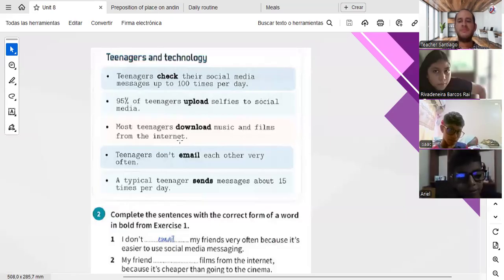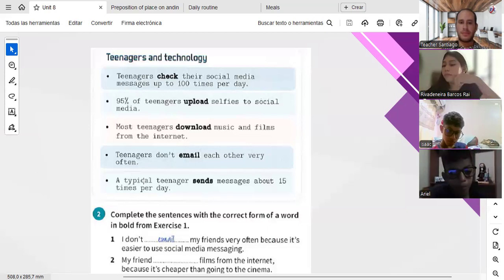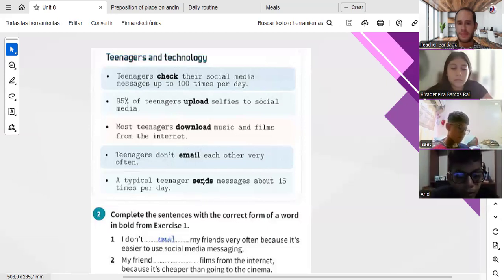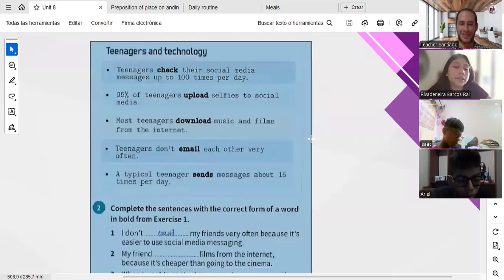Correo electrónico. Okay, but in this context, it's like sending an email, right? And the last one, Fiorella, send. What's the meaning of send? Enviar. Yes, thank you so much, Fiorella.